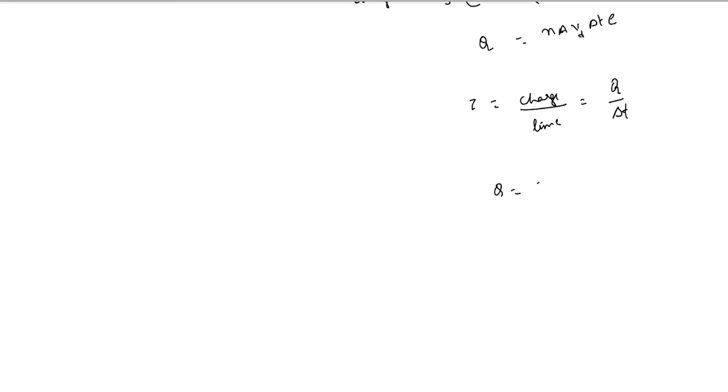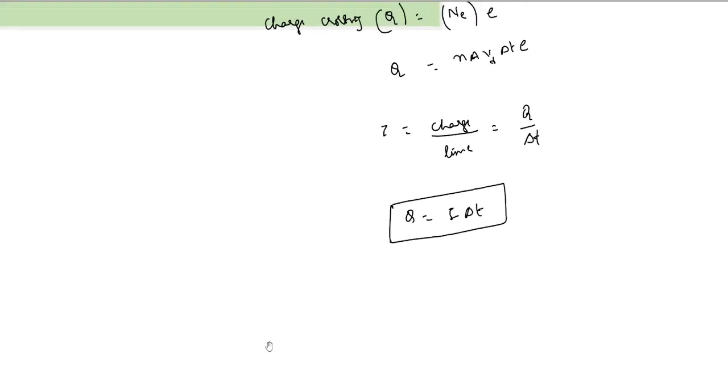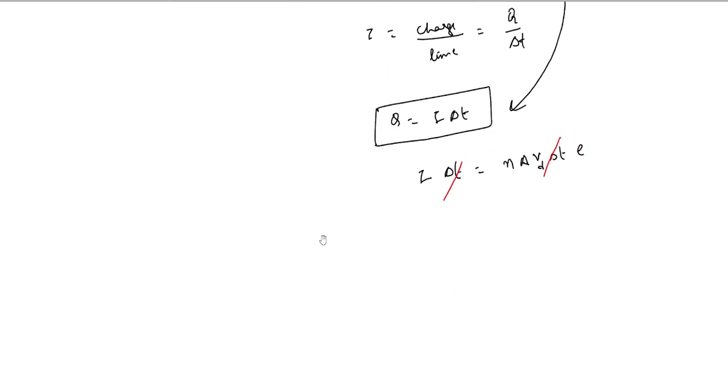When you compare these two, I into delta t is equal to n A Vd delta t into e. From here delta t gets cancelled. Therefore, the current I is equal to n A Vd into e. So this is the form for current.